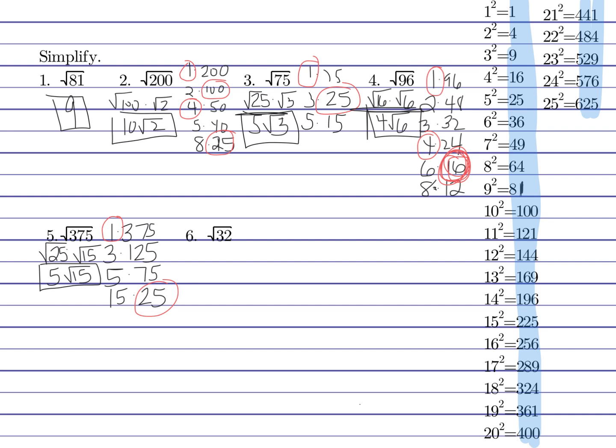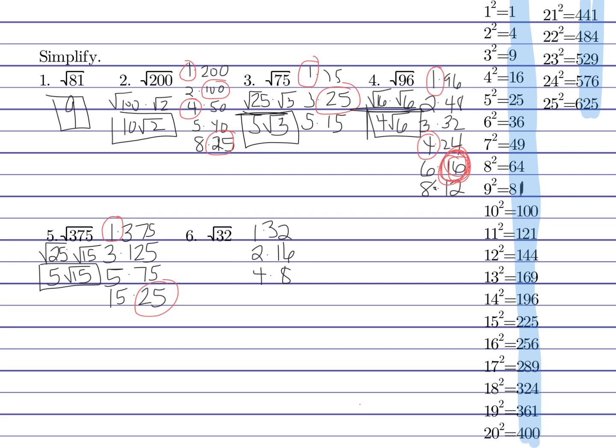One more to go. The square root of 32. So let me write the factors of 32. 1 times 32. 2 times 16. 4 times 8. I think that's it.